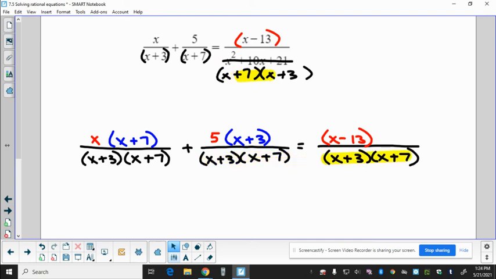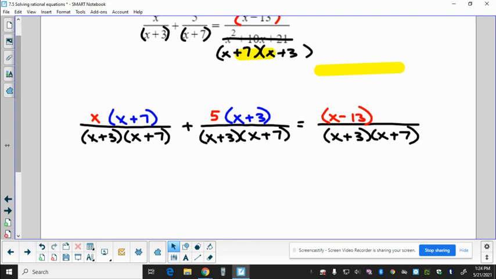So I'm going to leave the numerator as it is. Okay, I think I'm going to want to do a little bit of work up top here. So distribute, and leave that alone.